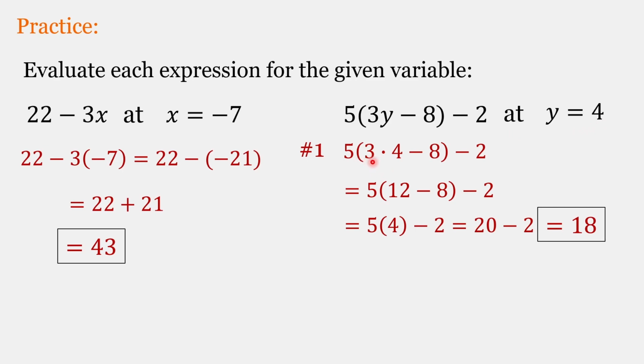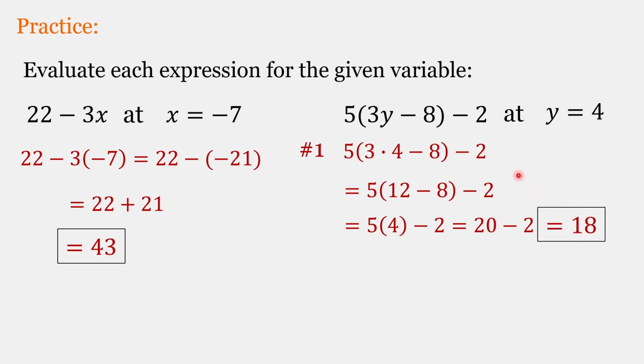So now we have 5 times the quantity 3 times 4 minus 8, all minus 2. And then we'll use PEMDAS to simplify it down to get the value. So the first step will be to simplify what is in the parentheses. So 3 times 4 is 12, gives us 12 minus 8. And 12 minus 8 is 4. Now we have 5 times 4, which is 20. And then 20 minus 2 gives us a value of 18.